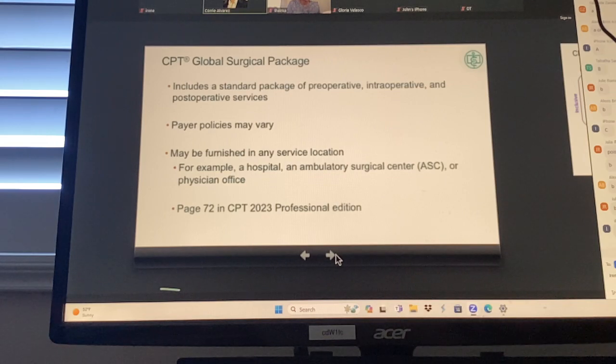Remember that a surgical code is anything, and I'm going to write this in the chat box, any code that begins with a 1, 2, 3, 4, 5, or 6. Anything that begins with those numbers follows these basic guidelines.